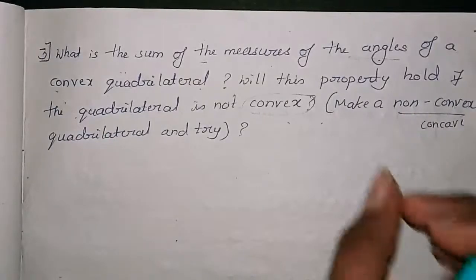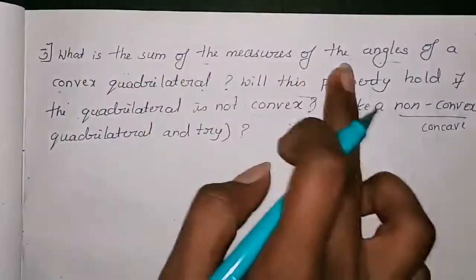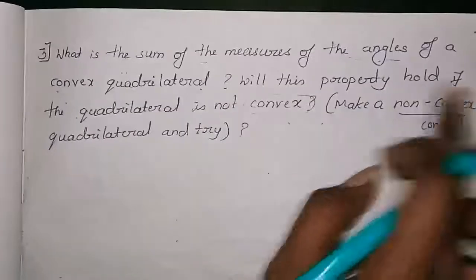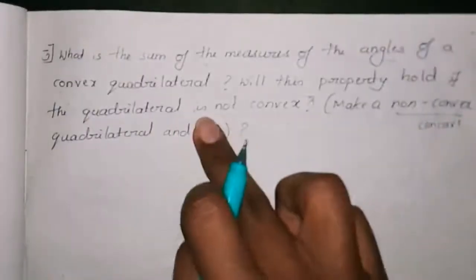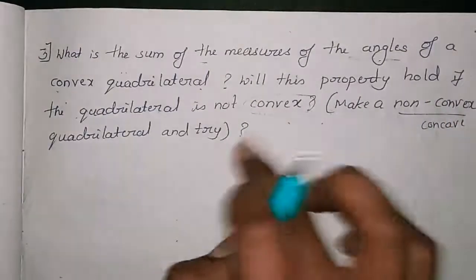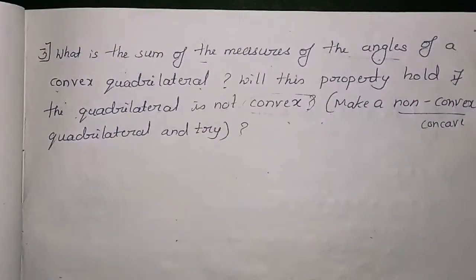Okay, these are similar. If the question were changed to: what is the sum of the measures of the angles of a convex quadrilateral, will this property hold if the quadrilateral is concave? That is also the same. Not convex means it is definitely concave. You have to understand the question like that, then only you can solve. Don't think the question is not given on the basis of the syllabus.